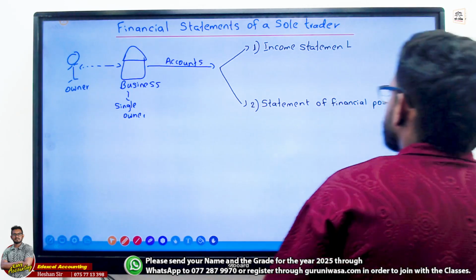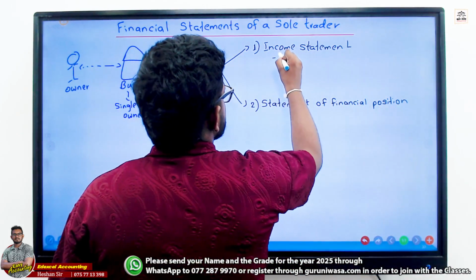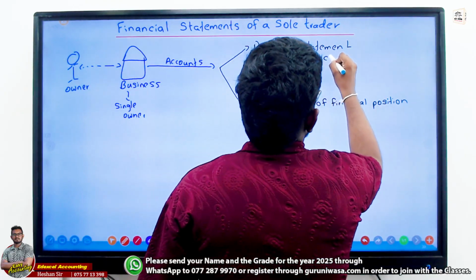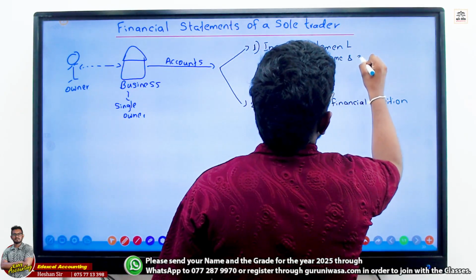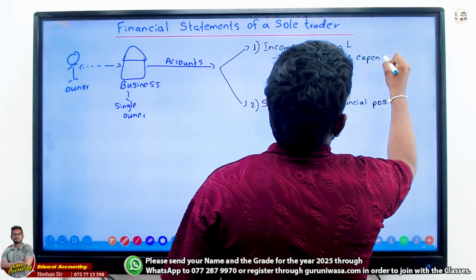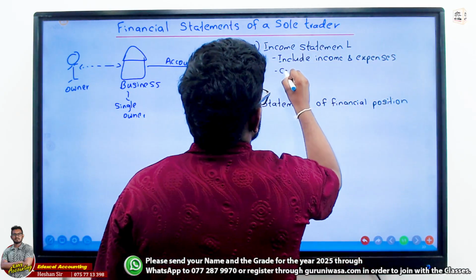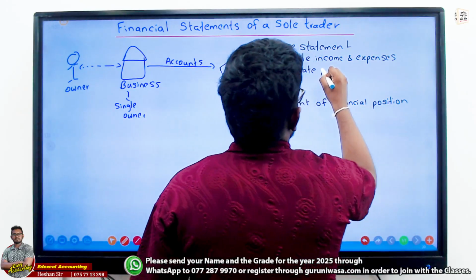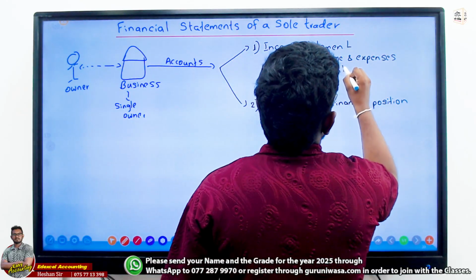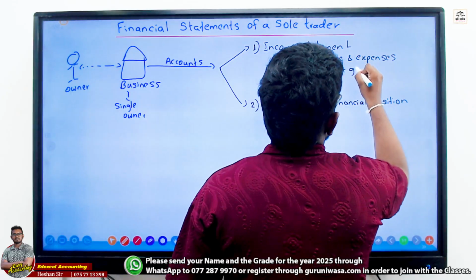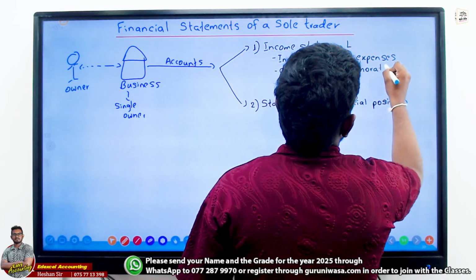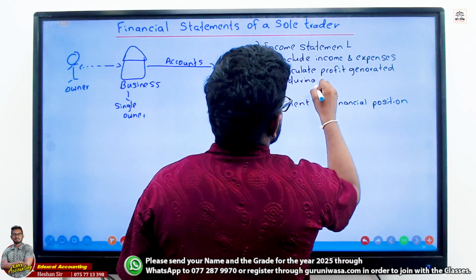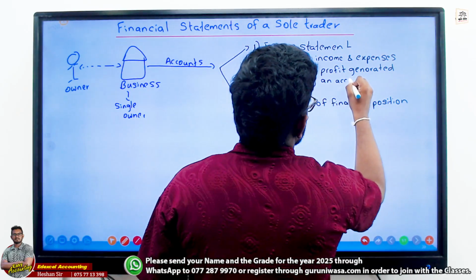The income statement includes income and expenses, and calculates the profit generated during an accounting period.